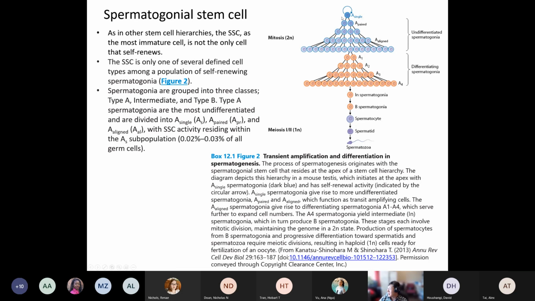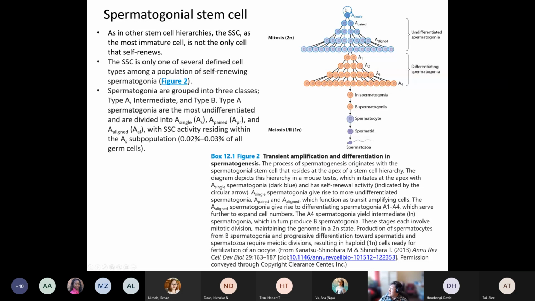So once you complete this cell proliferation and differentiation at the same time, the A-aligned can go through asymmetrical cell division, giving rise to A-single as well as A-aligned. That's some theory there. But to make it extremely simple, you can consider that A-single gives rise to A-paired and A-paired gives rise to A-aligned.